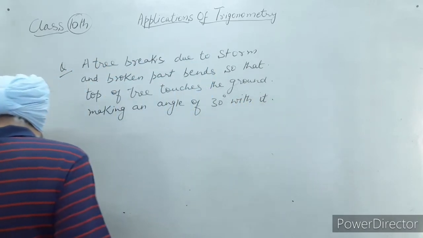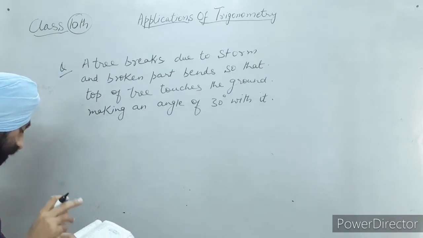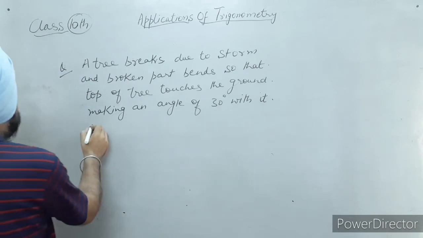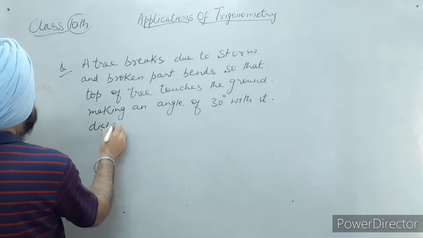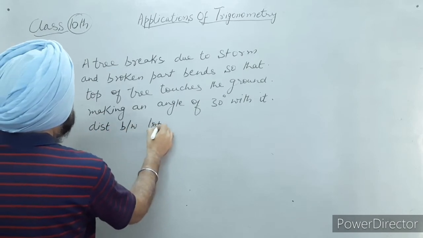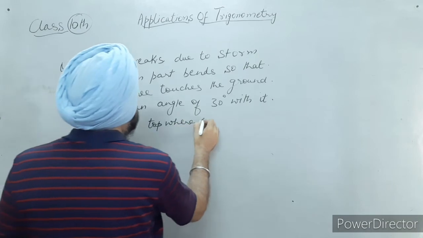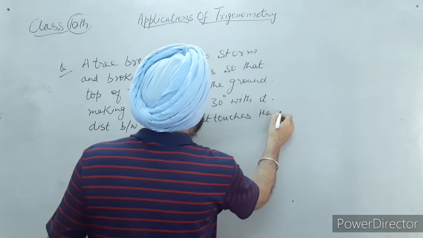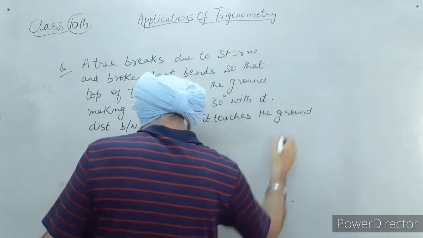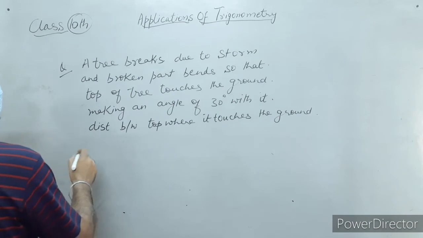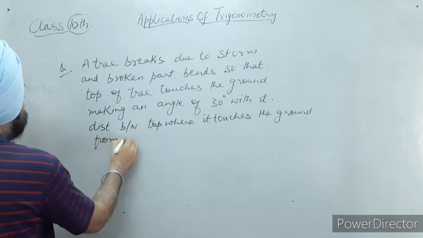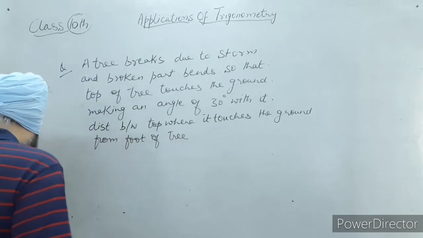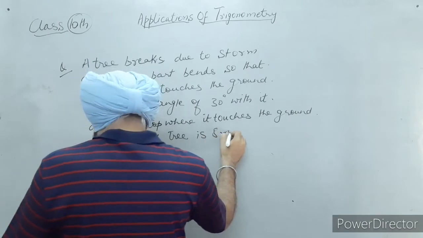Right? Now I have to find the height of the tree. The distance between the foot of the tree and the point where the top touches the ground is 8 meters.